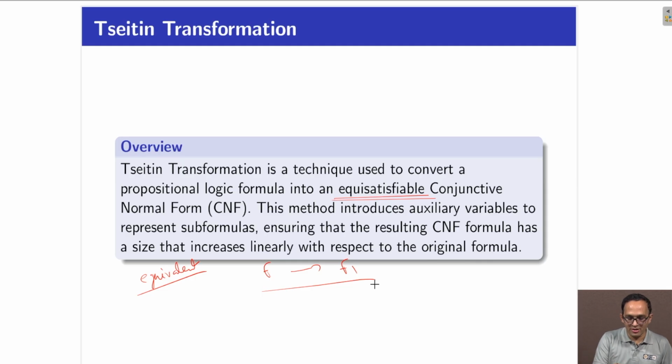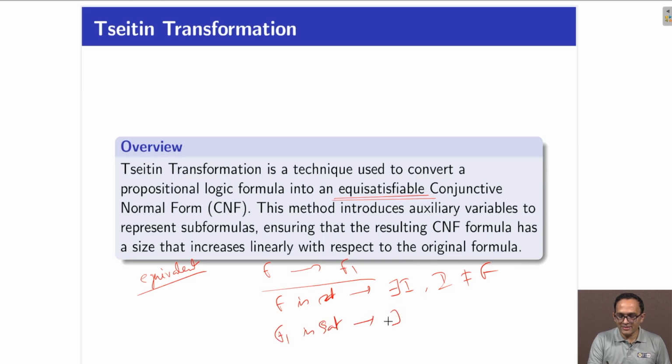So, what I am trying to say is, if f is sat, it implies there exists some interpretation I such that I satisfies f. Now, f1 is sat implies there exists some interpretation I1, this is not I, this is to be noted, such that I1 satisfies f1, right. So, this I and I1 can be different.